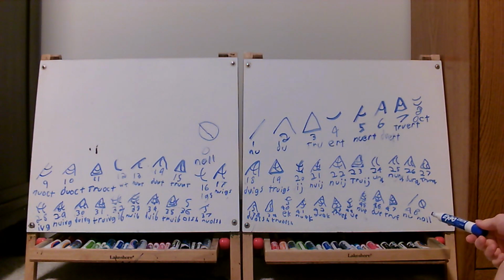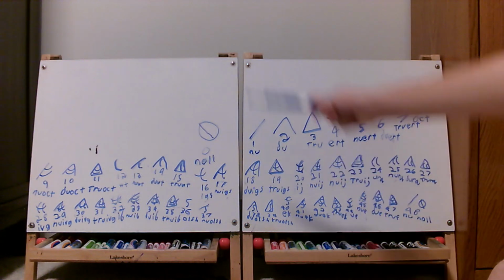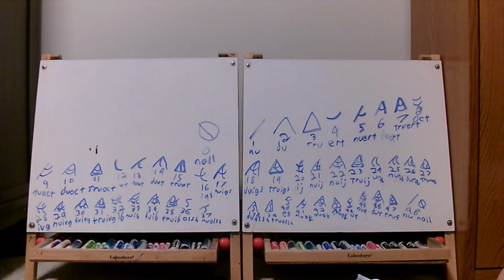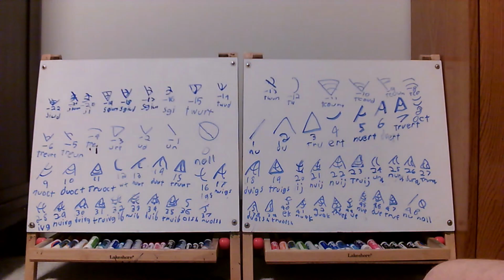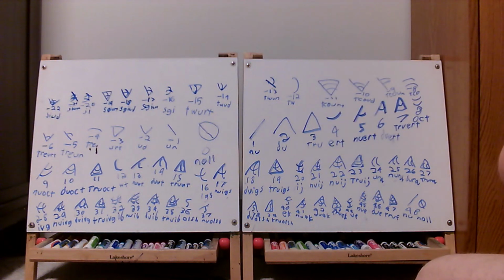Nu null is 48. So, you may have noticed that I left half the board empty. I'm gonna show you why. Okay, cool, I had to change markers because it started to die, as you can see, but, when you flip them upside down, you get the negative numbers.